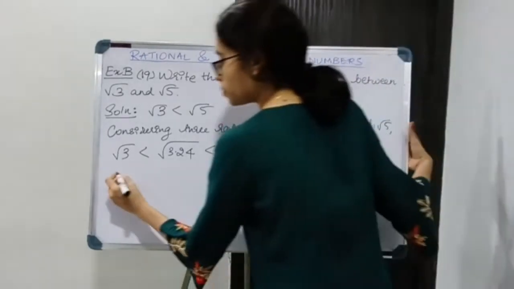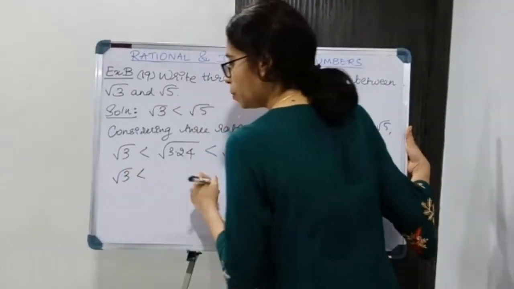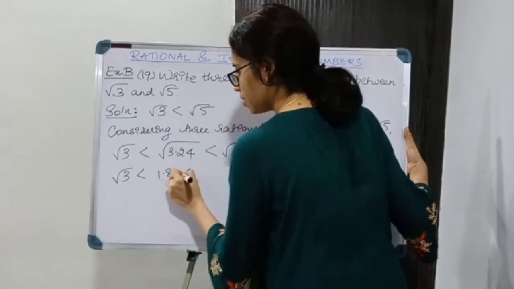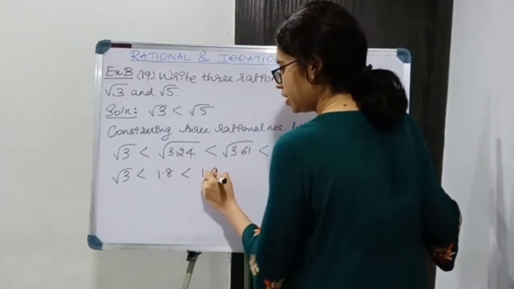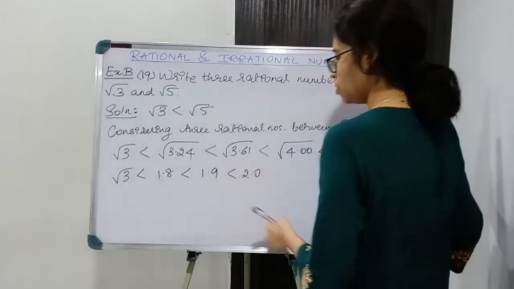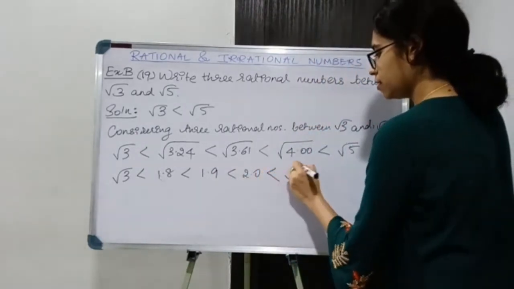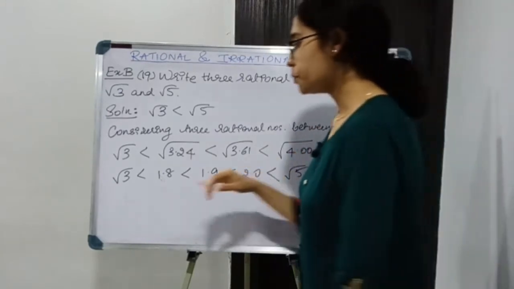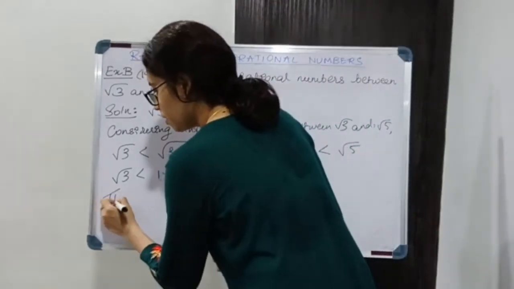Now 3.24 is basically 1.8. This is 1.9. This is 2 and here is the last number. Now I'll write down the final statement.